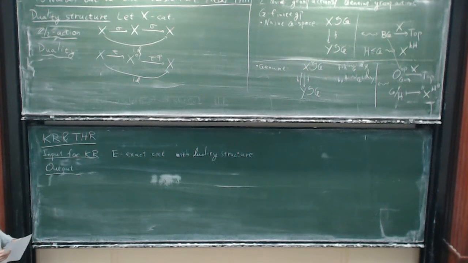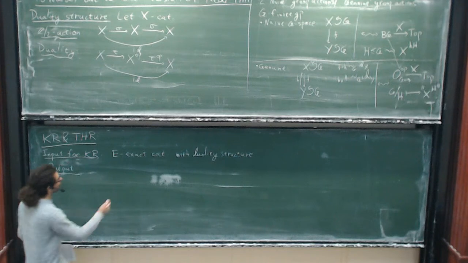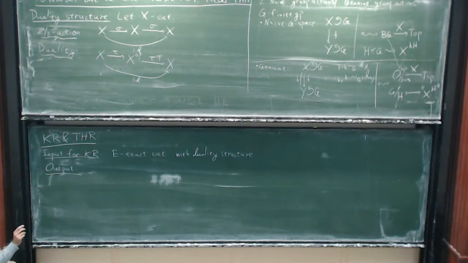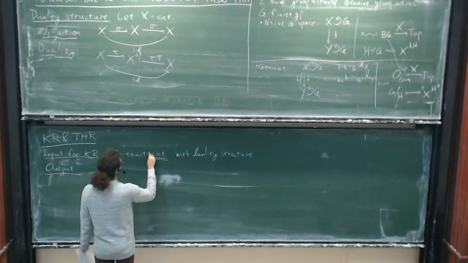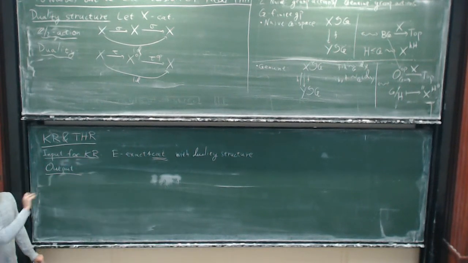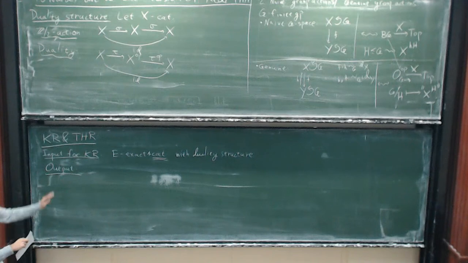You take tau and tau op. Mostly when I say category in this talk, I mean infinity category, but here I really mean a one category. This is the context that I speak about here, and the idea would be to generalize this to infinity categories, but here it's one category.